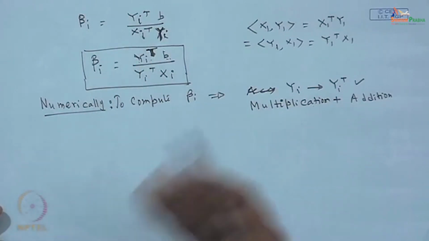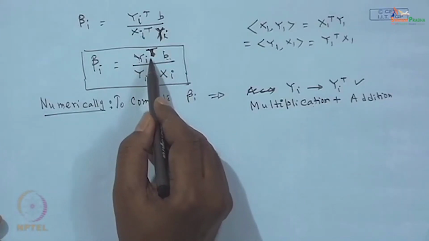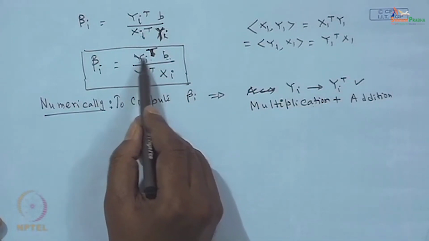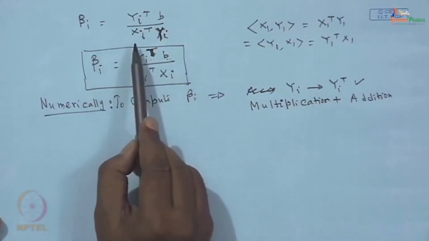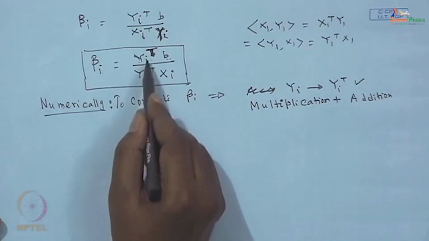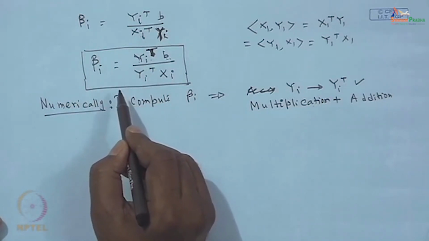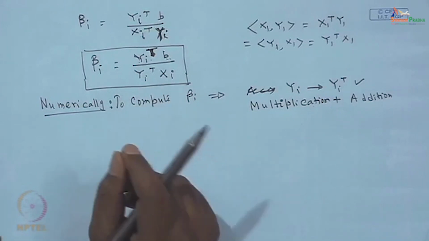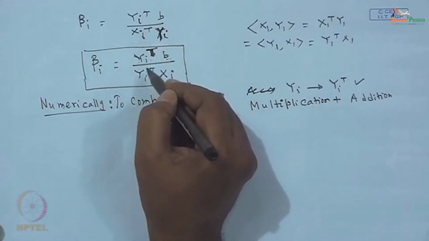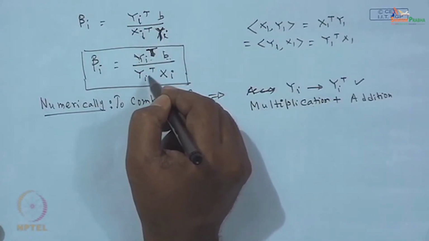What is the advantage you are going to get by writing it in this form? Once you write a program for getting the elements of y i transpose, you need not compute the elements of x i transpose. The same y i transpose appears in the denominator and the numerator. So, you avoid one more subroutine which would calculate x i transpose. That is why we have written this equation, keeping the denominator in the form of y i transpose.